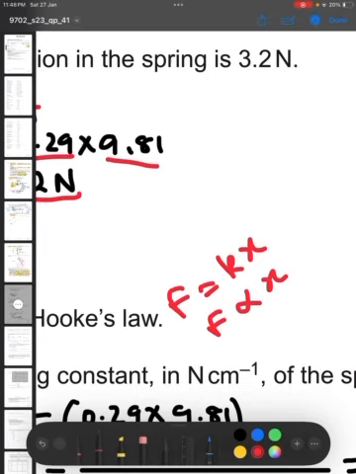The implication is that if we double F, what we do to F also happens to x. So if we double F, we have also doubled x. That's what it means. I'll repeat again. If we double F, then we have also doubled x.